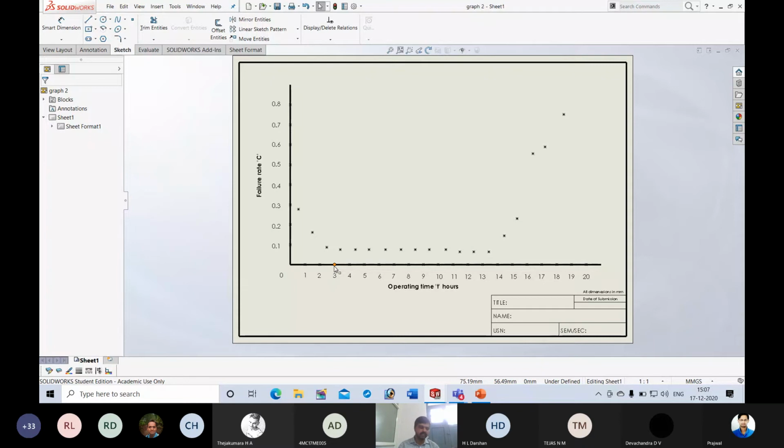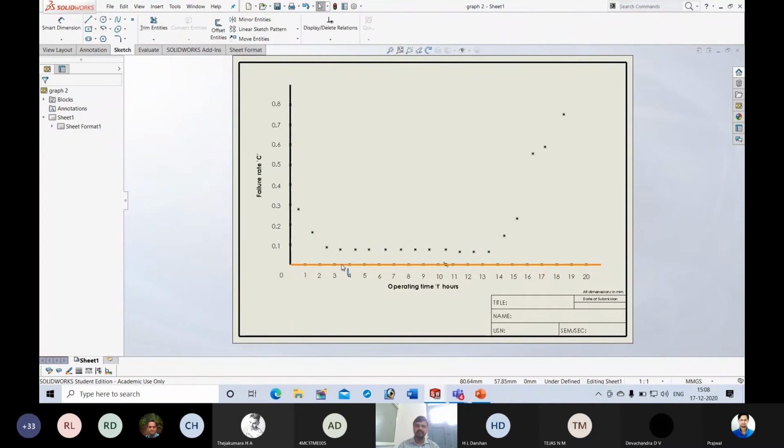Similarly for 2 to 3, the value is 0.098, almost nearer to 0.1. Mark that point. Next, between 3 to 4, it is 0.088.